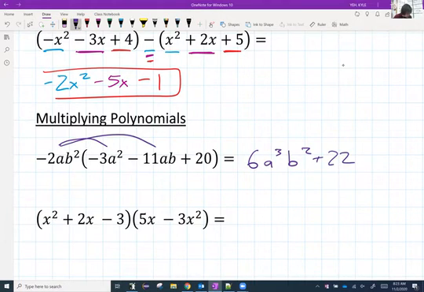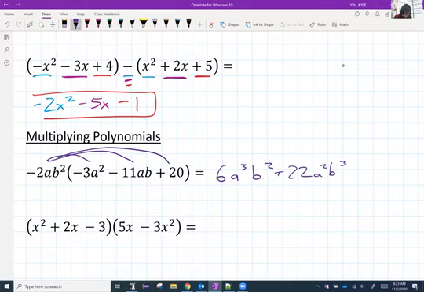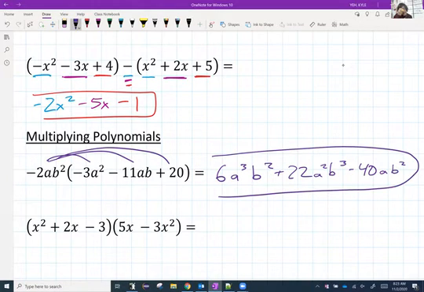Plus 22a squared b cubed, it looks like, minus 40ab squared. And so if we are multiplying polynomials out and it's set up like this, we can just distribute in and use those exponent rules.